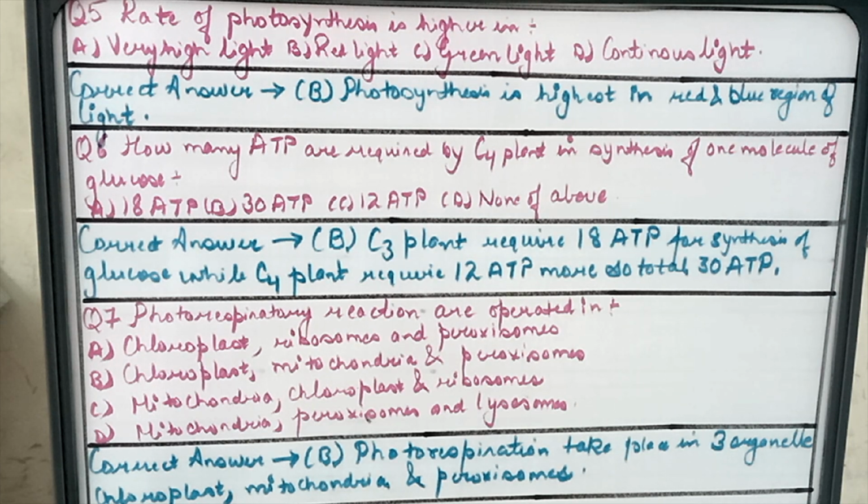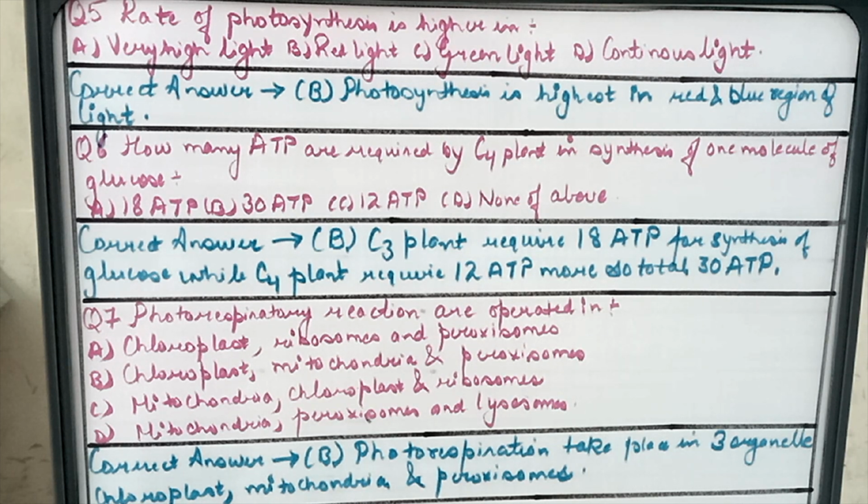Now we know that C3 plants require 18 ATP during Calvin cycle for production of one molecule of glucose, and C4 plants require 12 ATP extra as compared to C3 plant. So they will require 12 ATP extra.